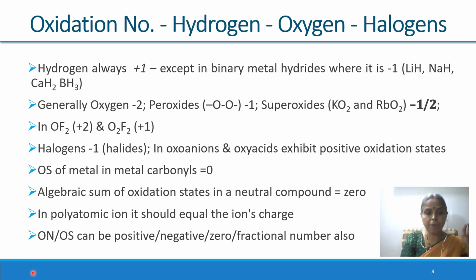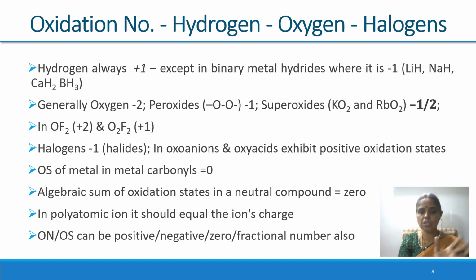If it is a polyatomic ion, for example CO3 2 minus, SO4 2 minus or PO4 3 minus, then the sum total of the oxidation states of all the elements in the ion should be equal to the ion's charge. Neutral compound equals 0. Algebraic sum for a polyatomic ion should be equal to the ion's charge, and oxidation number or oxidation state, as I already told you, can be positive, negative, 0 or a fractional number.